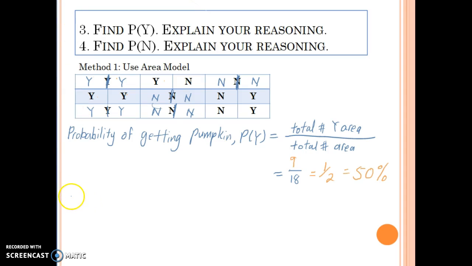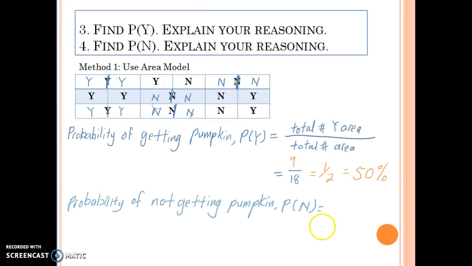Now we're going to calculate the probability of not getting a pumpkin, PN. Now, there are two ways to think about it. Okay, you can use the same method that I just did on top.